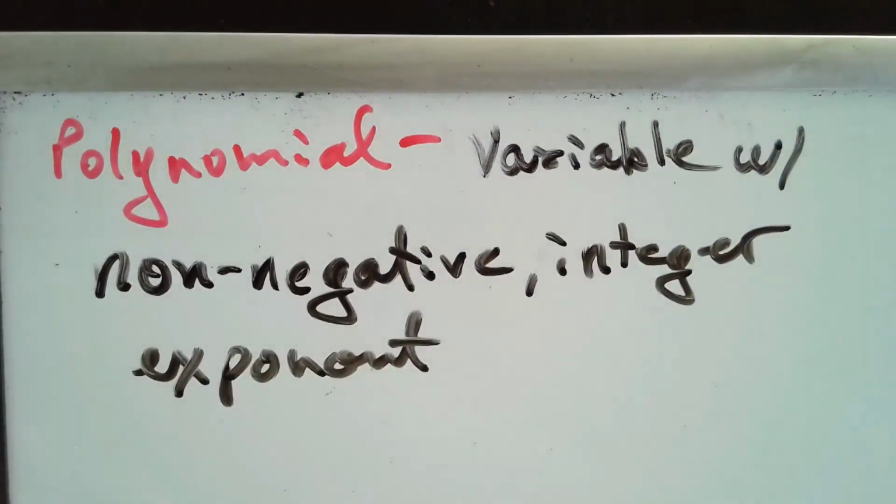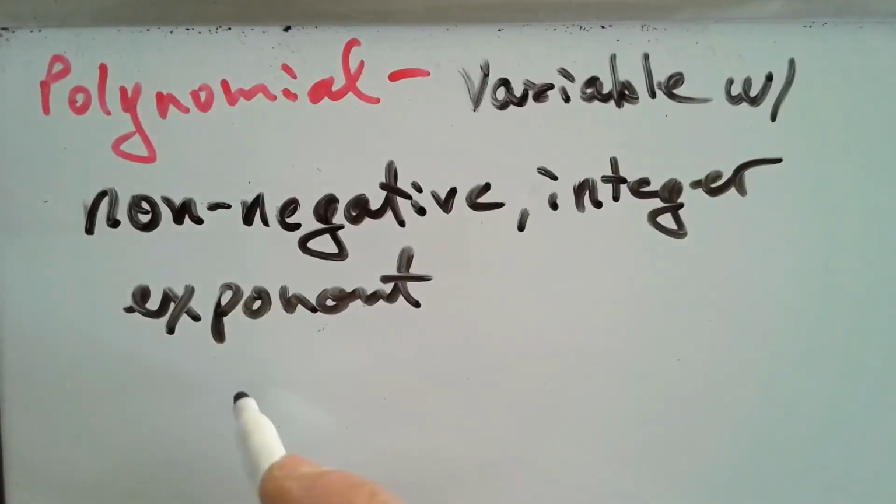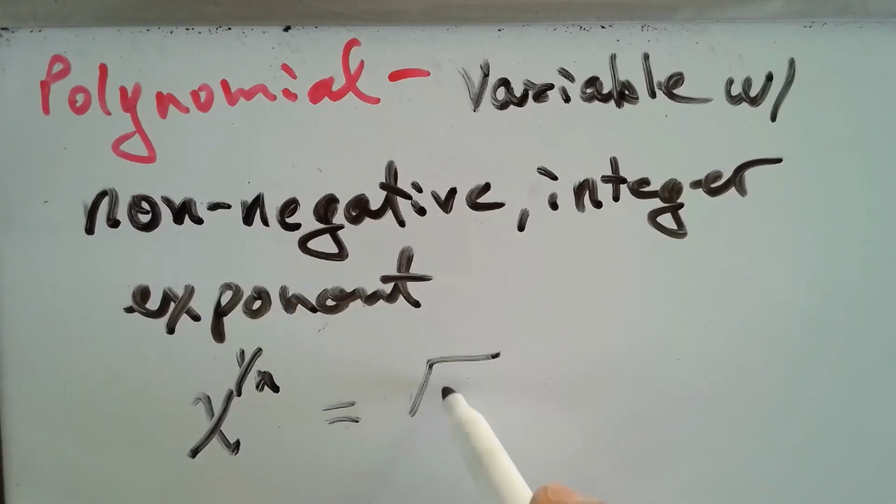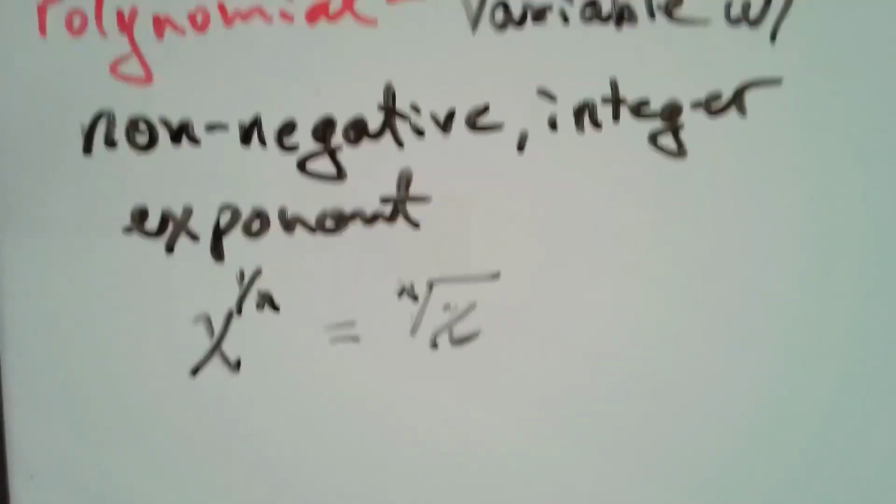Okay, so in other words, the exponent cannot be a fraction and the exponent cannot be negative. If it's a fractional exponent, right, then really what it is, it's a radical.